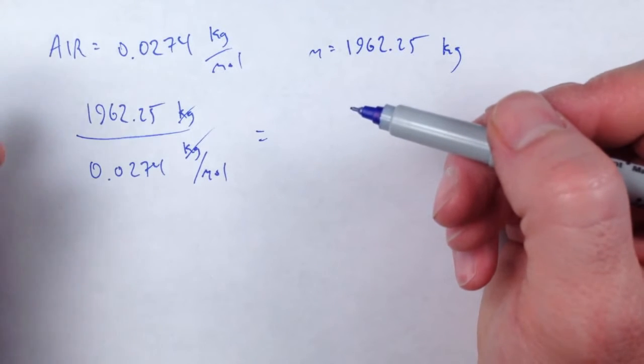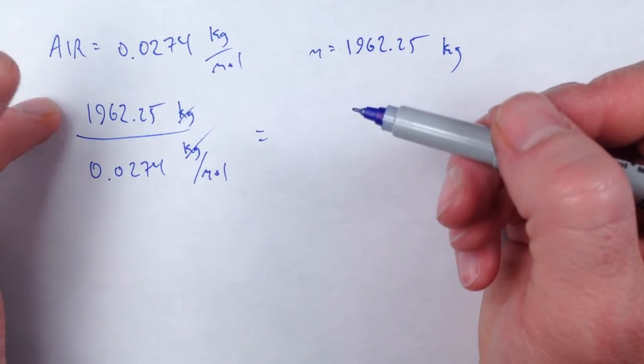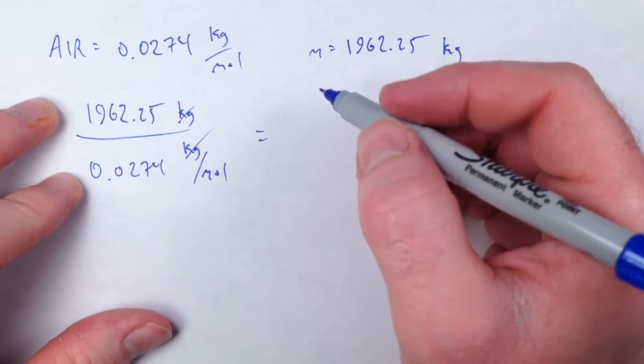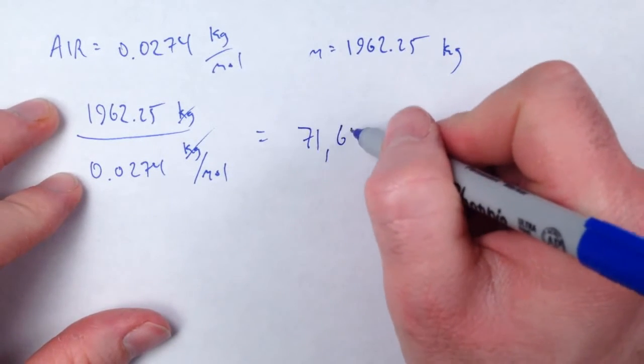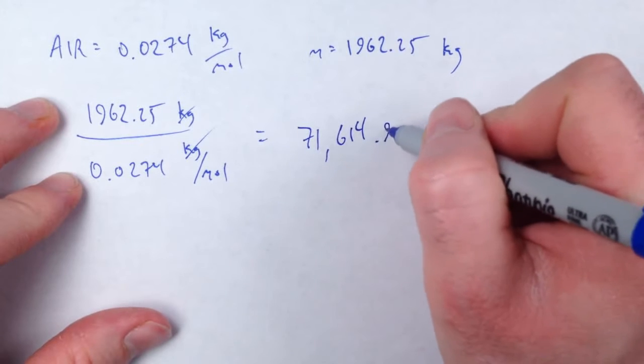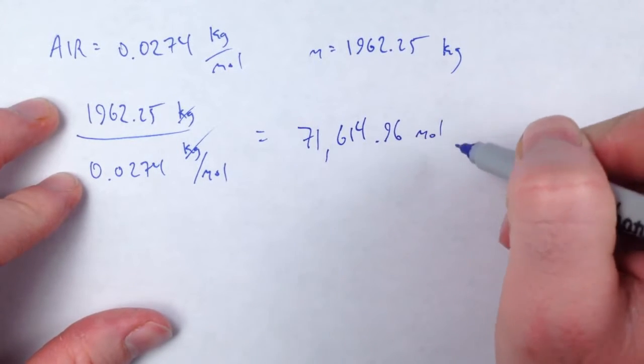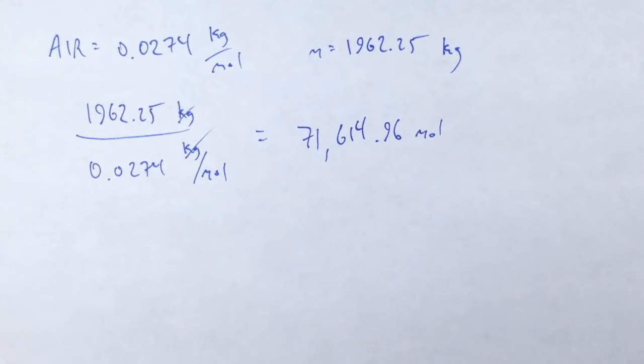And so 1962.25 divided by 0.0274 is equal to an enormous number, 71,614.96 moles. Now, that number might seem huge, but if you remember from the last problem, we had in the 30,000s and in the 40,000s. So it's an awful lot of moles of air. That's not unreasonable. All right.